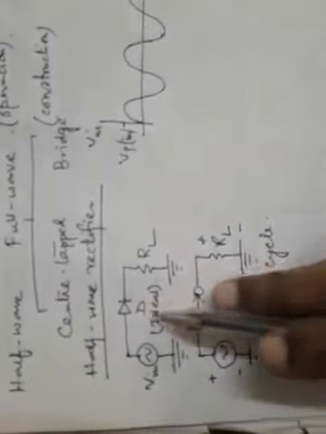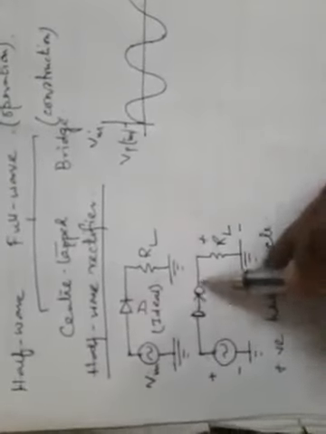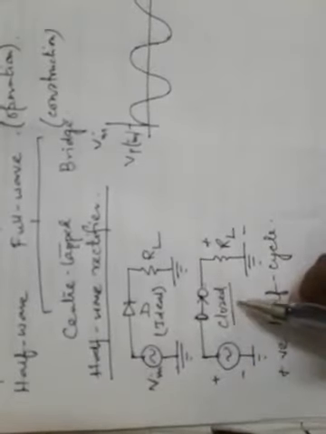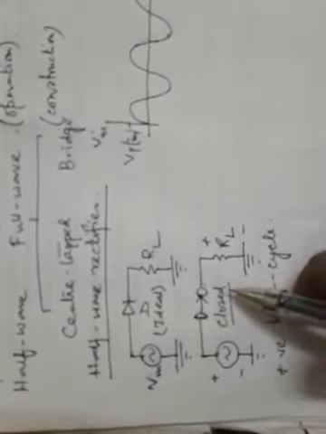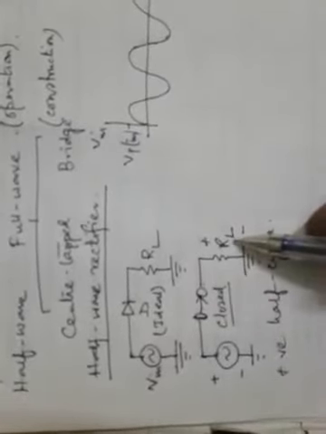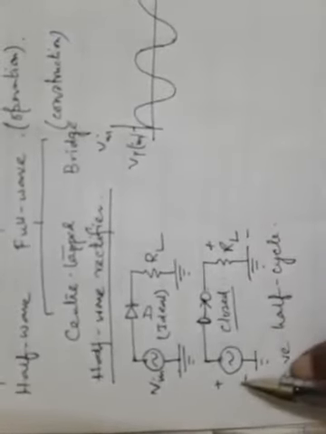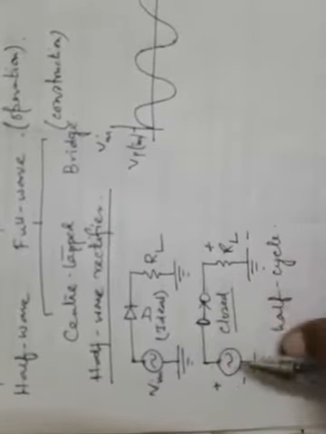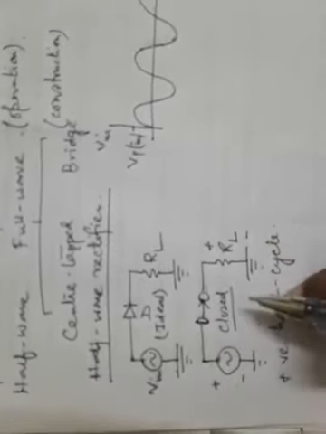What is happening? The diode is conducting heavily because it is getting forward biased and it is a closed switch. So during the positive half cycle of the input AC source, the diode is forward biased and acting as a closed switch, as we have seen a little while earlier. And across this load resistance RL, whatever is there at the input will be replicated at the output. That means the output will follow the input.